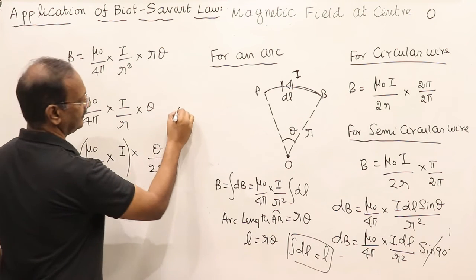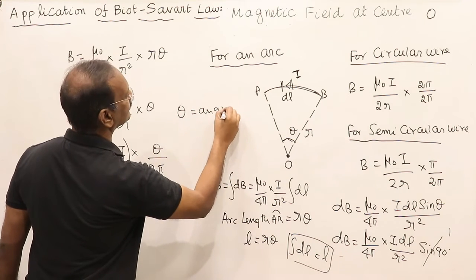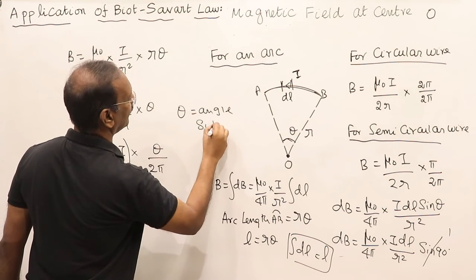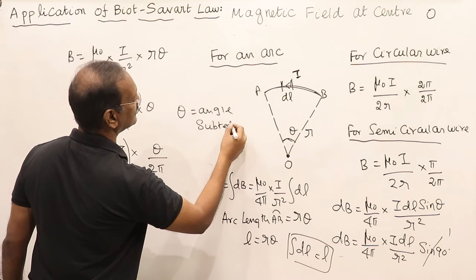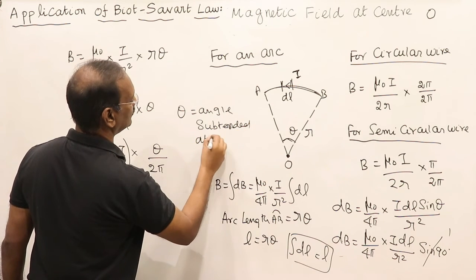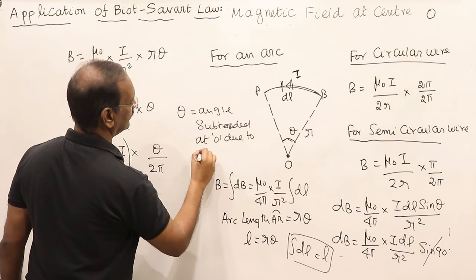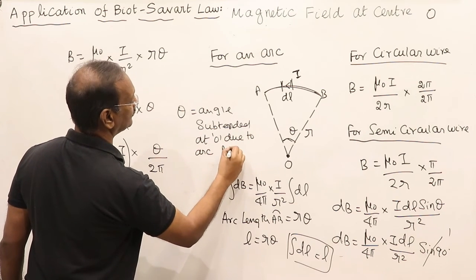Theta is the angle subtended at O due to arc AB.